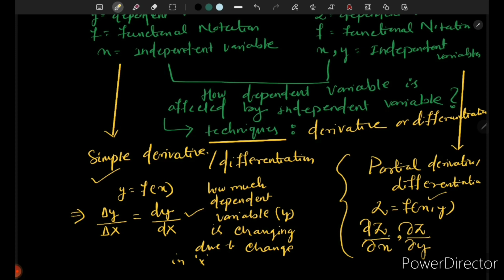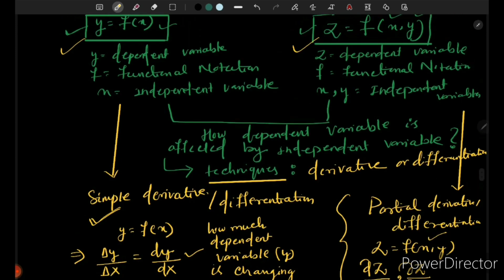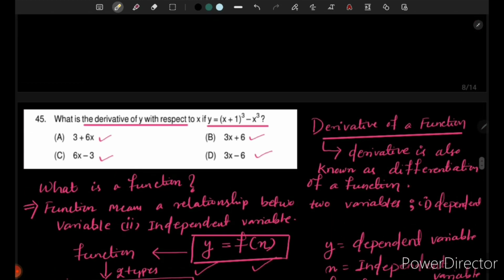So our concern is here simple derivative, because the question is in simple derivative. Okay, so you can see here that y is a dependent variable, and x is the independent variable. That means we have one dependent variable, one independent variable. That means this is a univariate function.